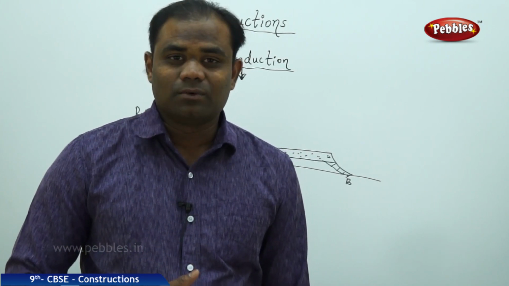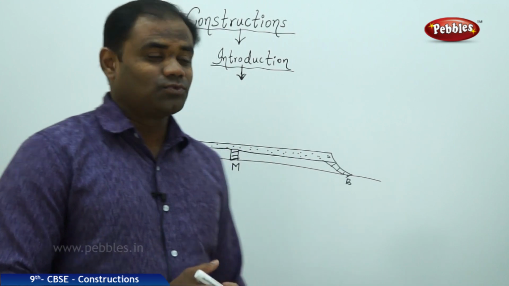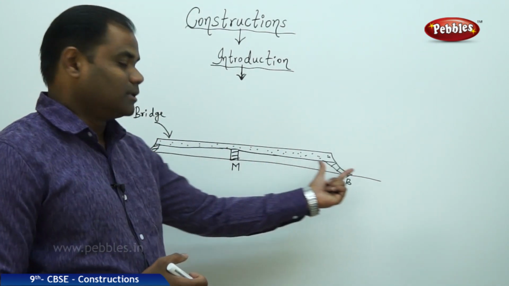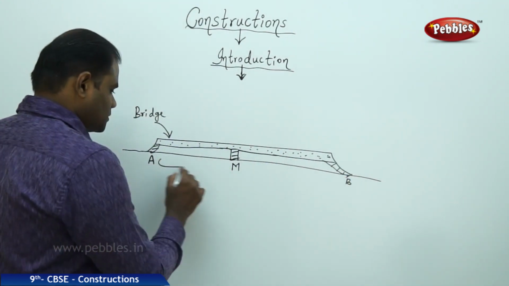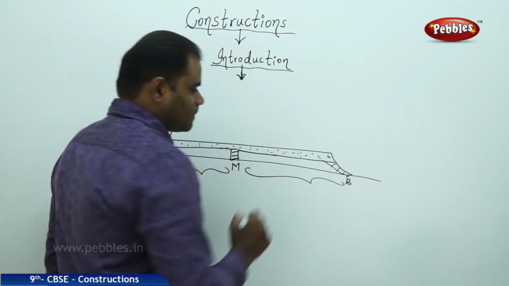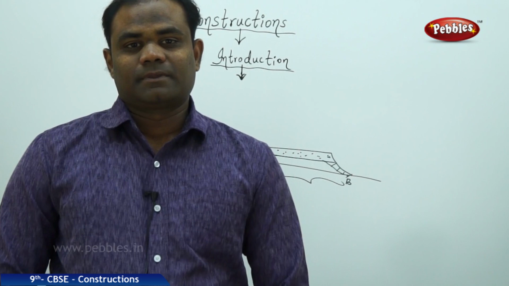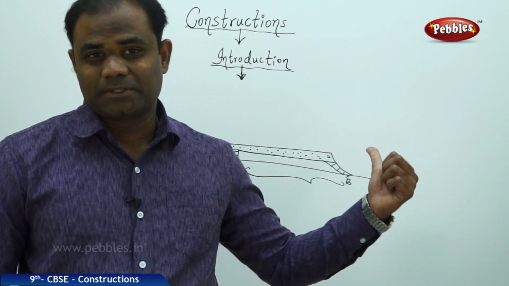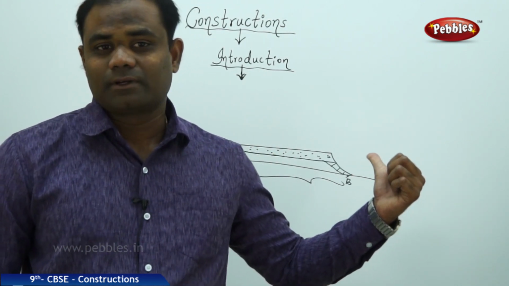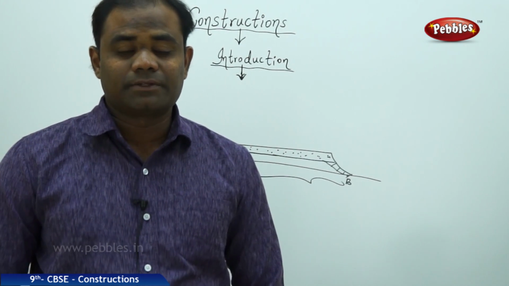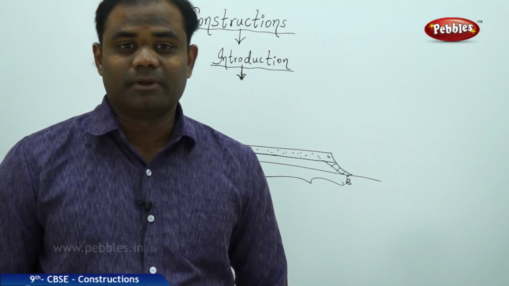So let's see how the engineer has successfully built the pillars at exactly equal distances so that the bridge stands perfect. A real life situation of a bridge which uses the knowledge of constructions.